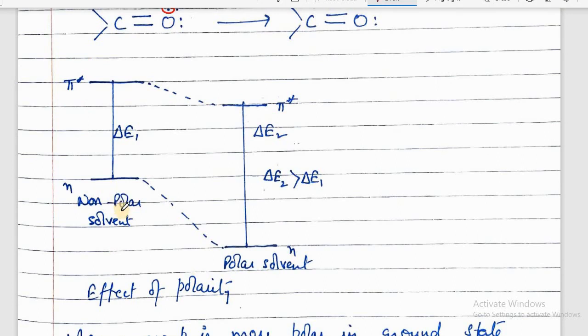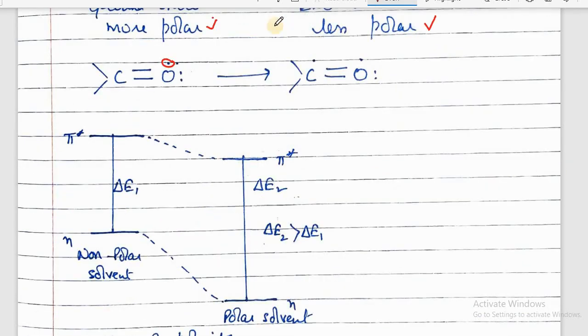this we show in non-polar solvent. This is the non-bonding orbital and this is the pi star orbital. When the solvent polarity increases, as we know, the ground state is more polar, so it will get more stabilized.